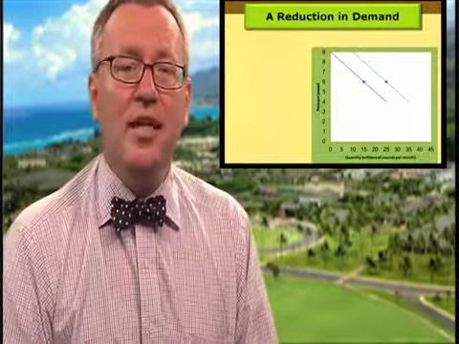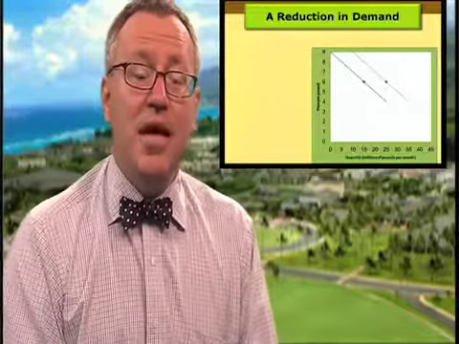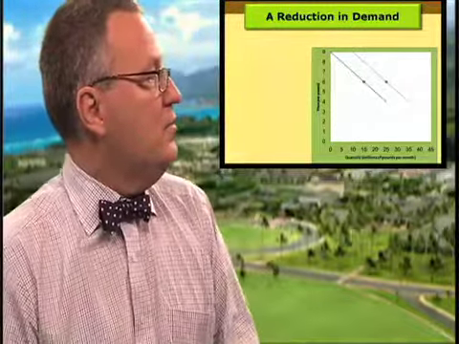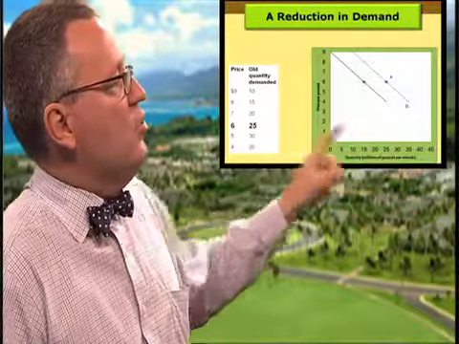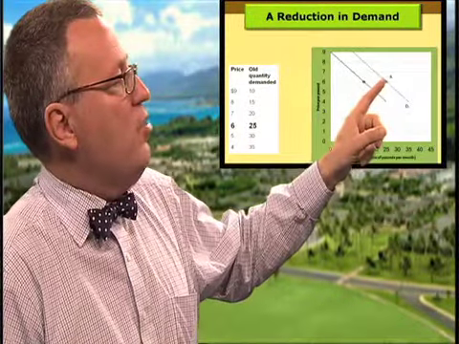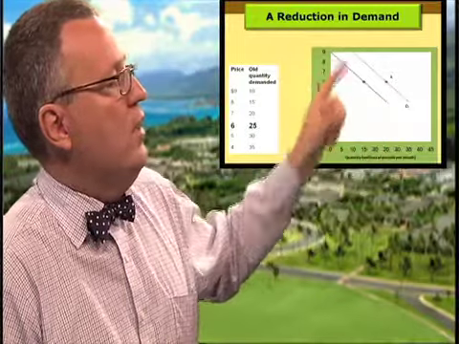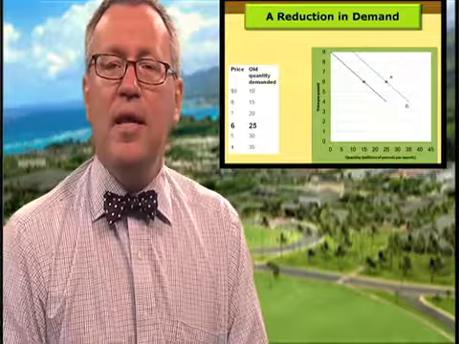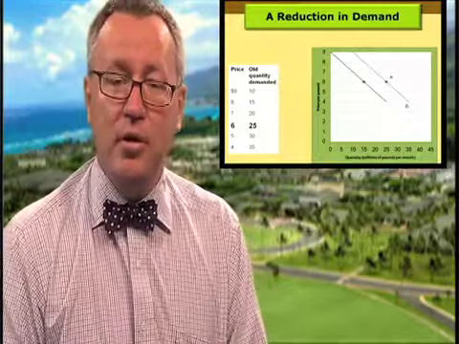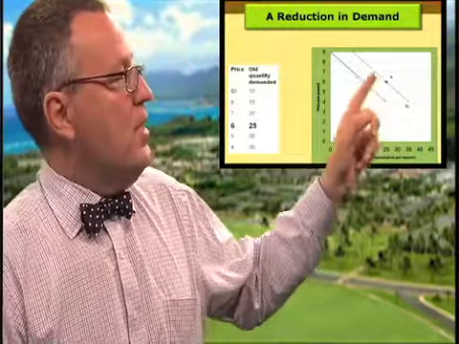You can also have a reduction in demand, and sometimes for the same reasons. In this case, we had our previous position of $6 and 25 million pounds, this point A on demand curve 1. Now we're going to lose our jobs. Now we no longer make as much as we did before. We're now taking a part-time job with the PCC.